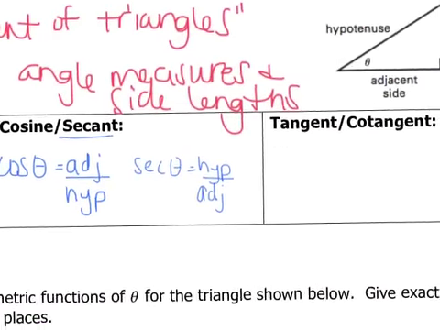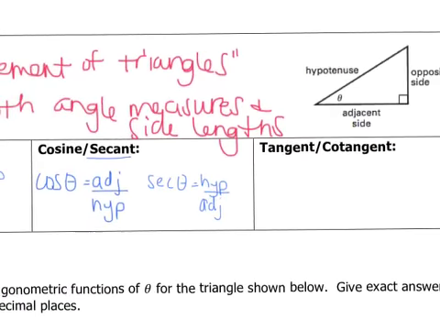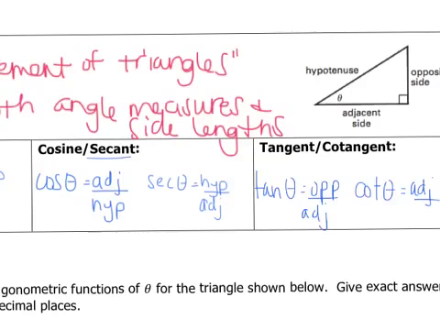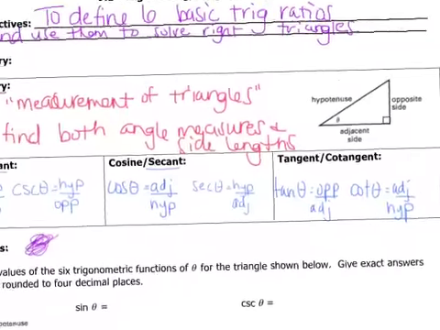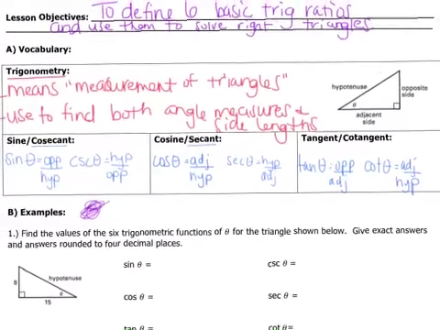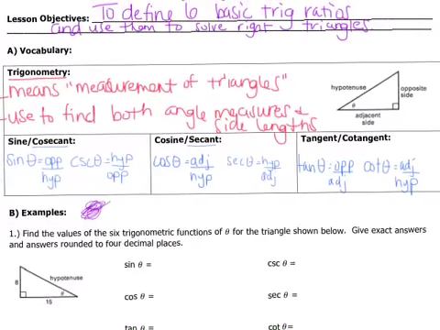All right, and then finally, tangent of theta is our opposite side over our adjacent side. And then cotangent of theta, again, is just the reciprocal. You can still use, as far as a little mnemonic device to help you remember, your SOHCAHTOA.